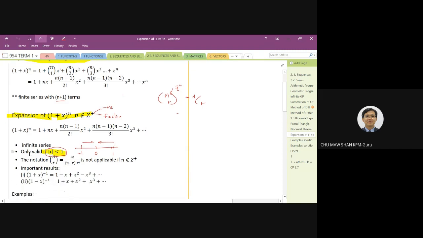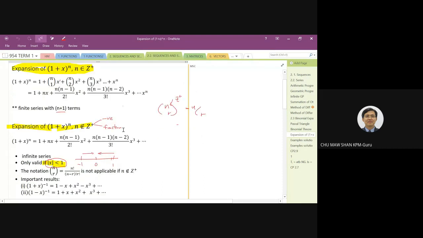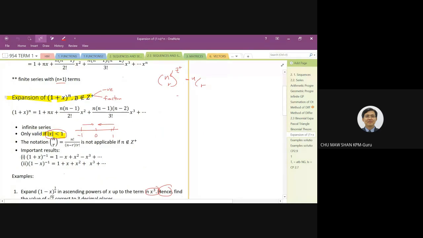Hanya kita akan check validity for the expansion for this case only. So yang first one, dia tak ada masalah. The values of x doesn't have problem for whatever the values of n, as long as n is integer positive. But the second case, when n is non-integer positive, the x cannot take all values. Tak boleh.